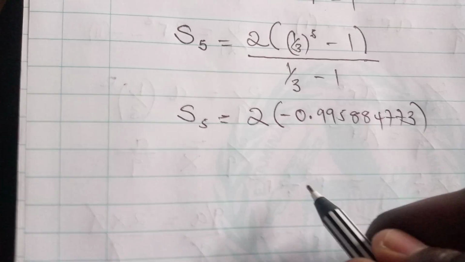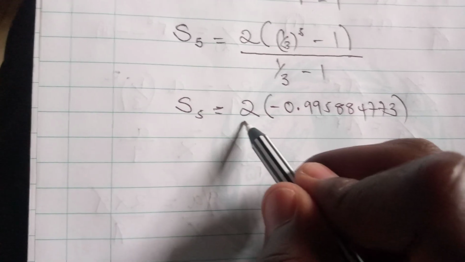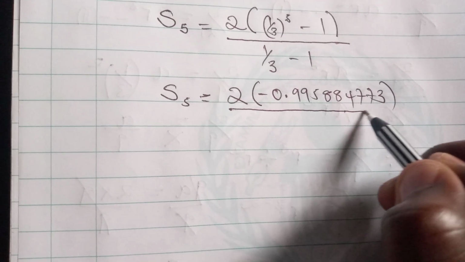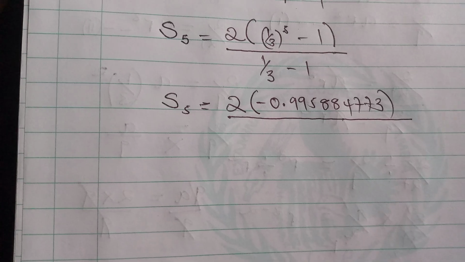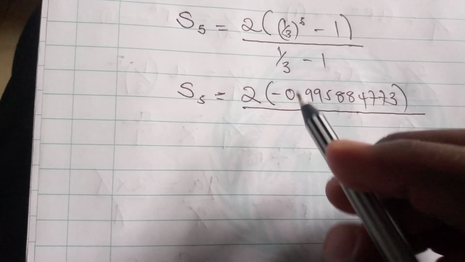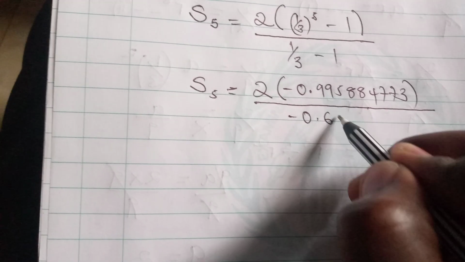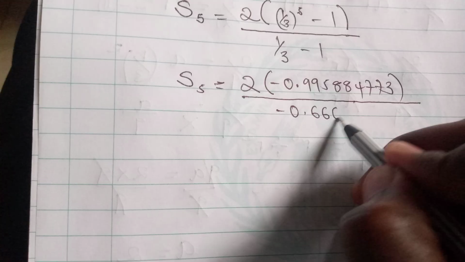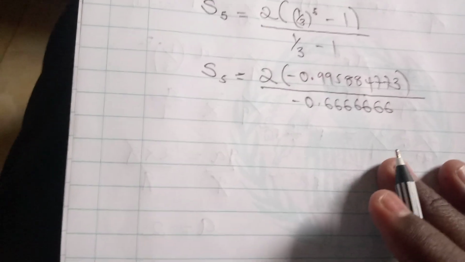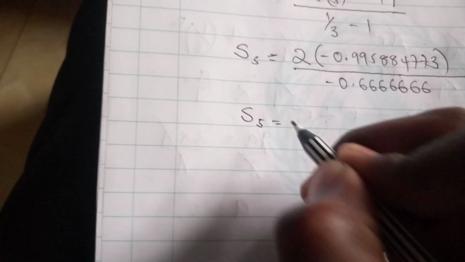Make sure you write all the whole numbers on your calculator, so that the final answer is similar to the one the marker is having. Then when you simplify the denominator, you obtain negative 0.6666666.